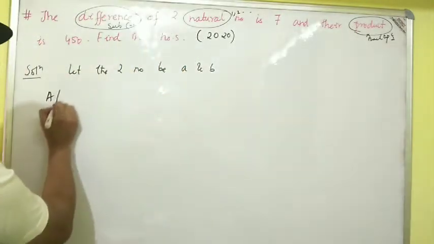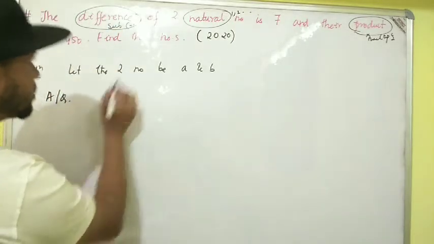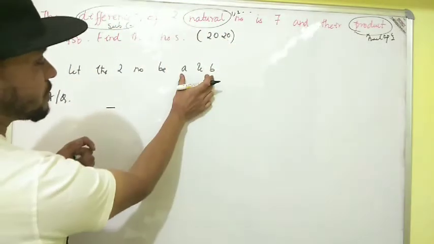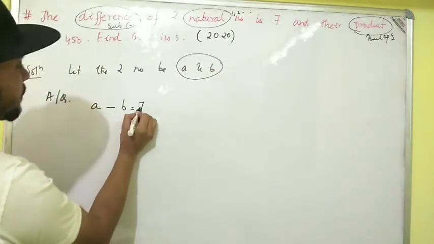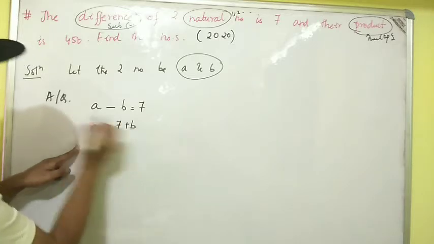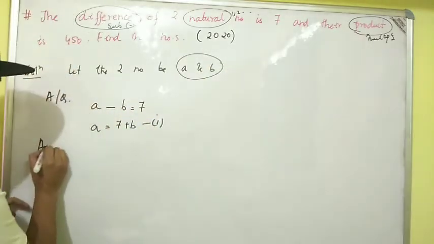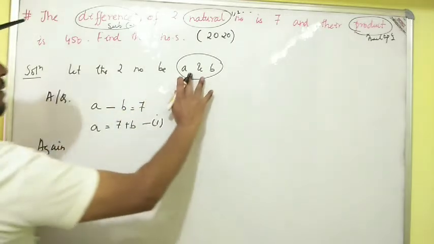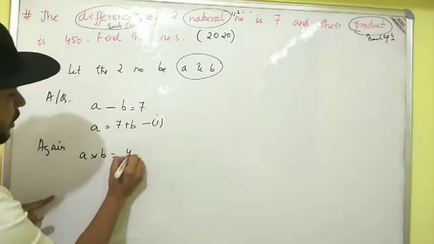Now according to the question, the difference, meaning minus, of two natural numbers. The two natural numbers that we have taken are A and B. So A minus B is equal to 7. From here, if you take B to the other side, A is 7 plus B. Let's take this as equation number 1. Again, it is given that their product, of the two natural numbers, is 450.